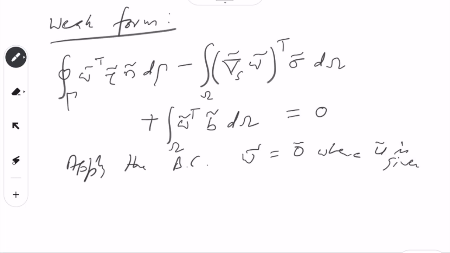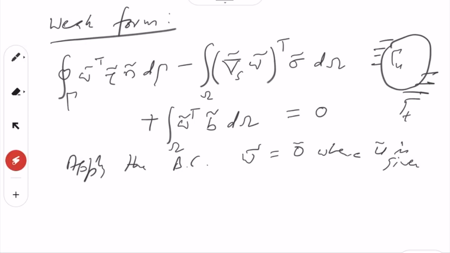And we also know that there are two kinds of boundaries. One is gamma u, where u is given; the other is gamma t, where the traction, t tilde, is given.